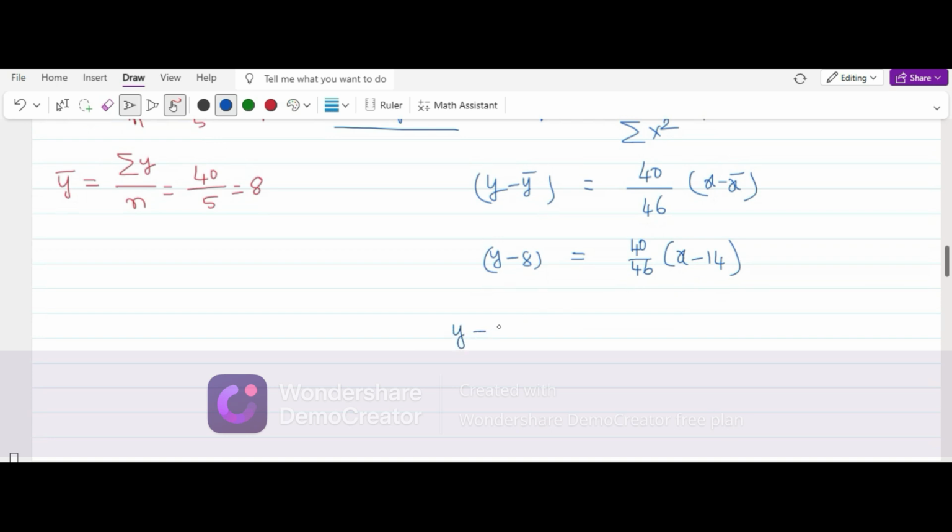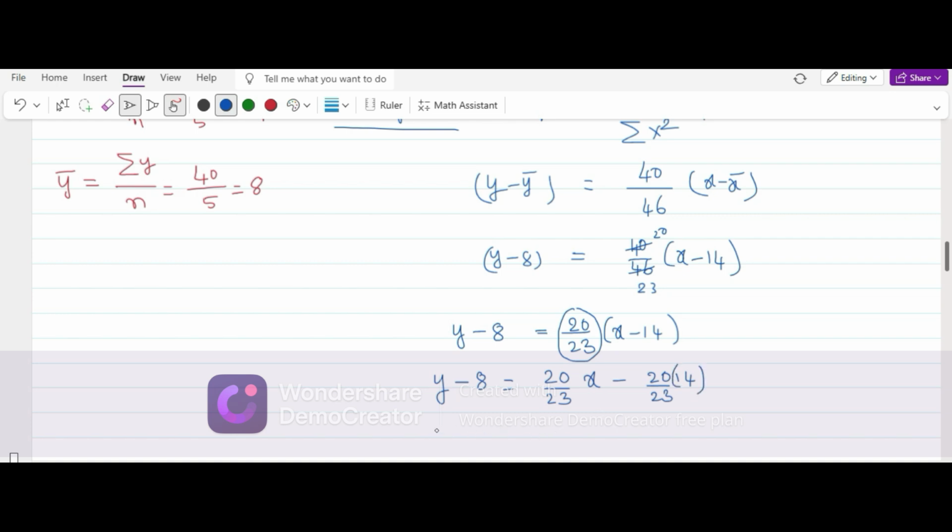So y minus 8 is equal to, let us multiply this 40 by 46. We can say that 2 20s are, and 2 2s are, and 2 3s are. We can say that it is 20 by 23 times x minus 14. So y minus 8 equals 20 by 23 into x minus 20 by 23 into 14.